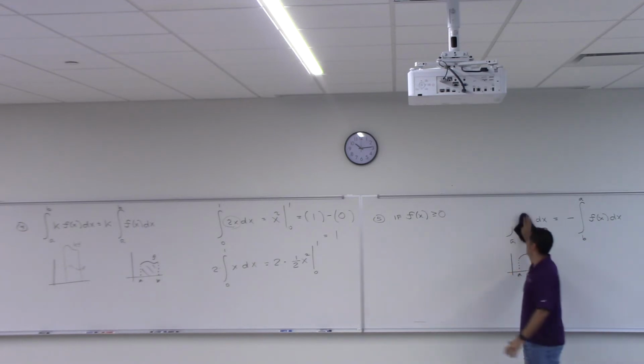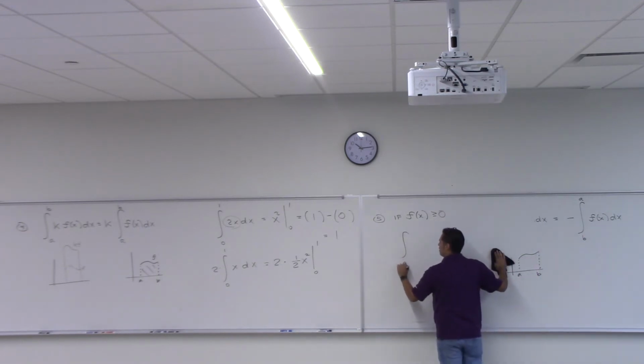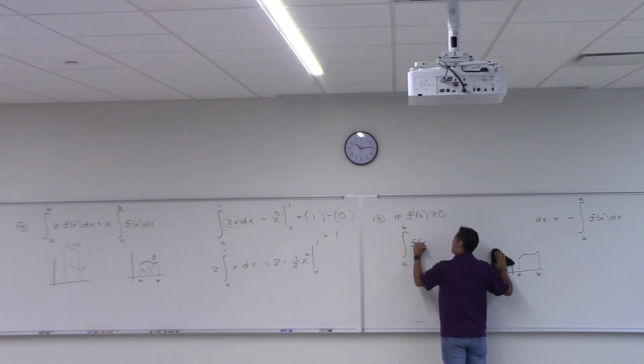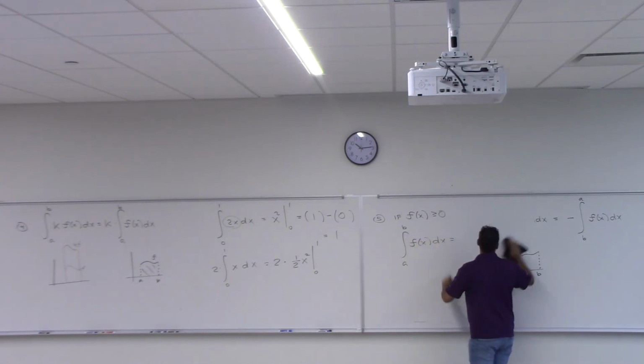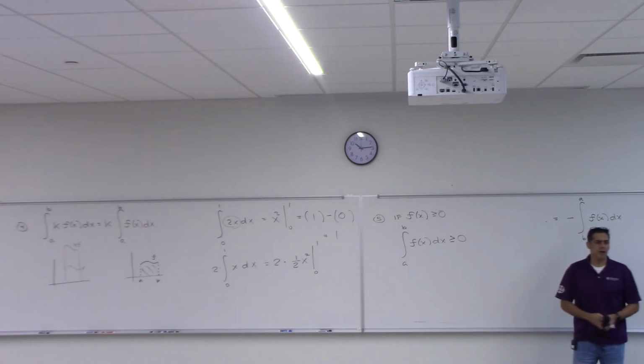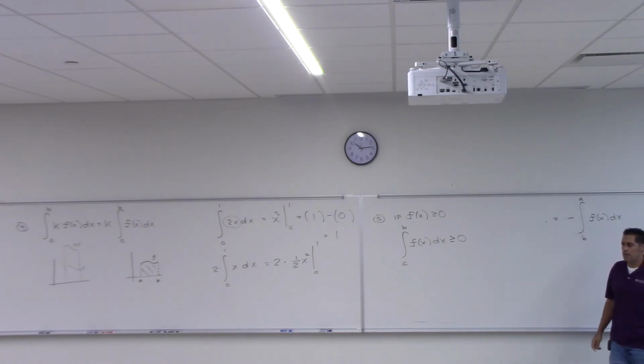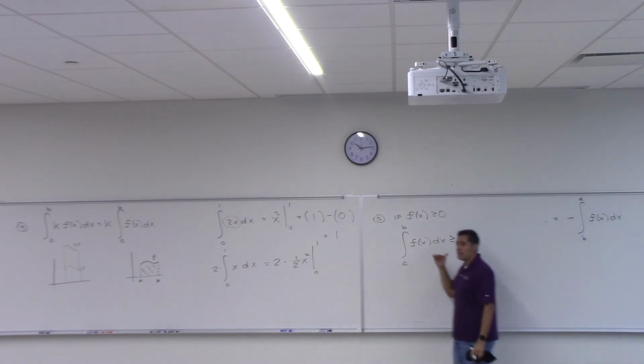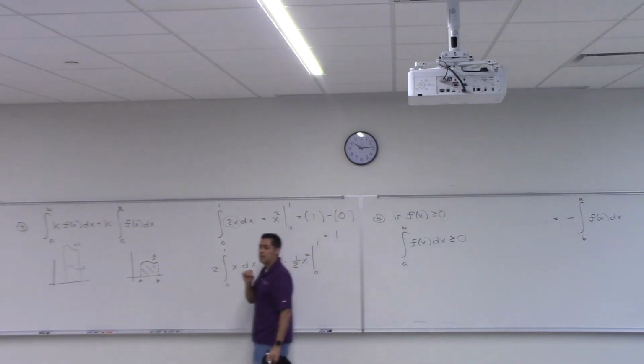If that's true, then it says that this area must be greater than or equal to 0. As long as your graph is above the x-axis or touching the x-axis, you're going to get a positive area.